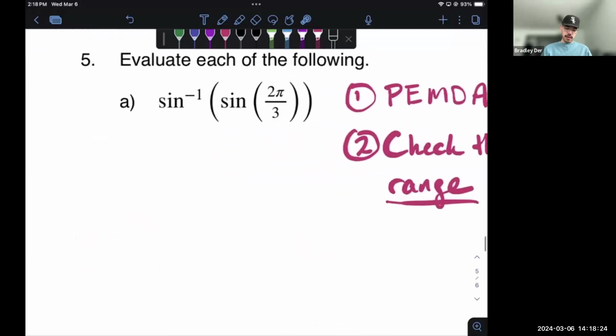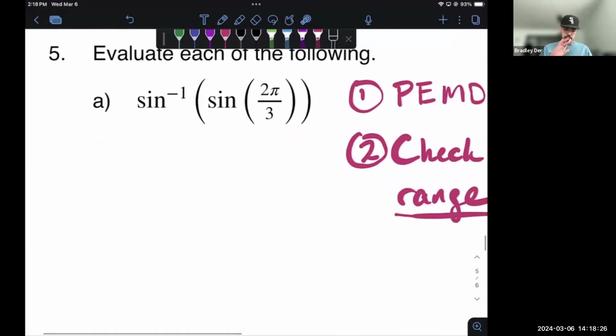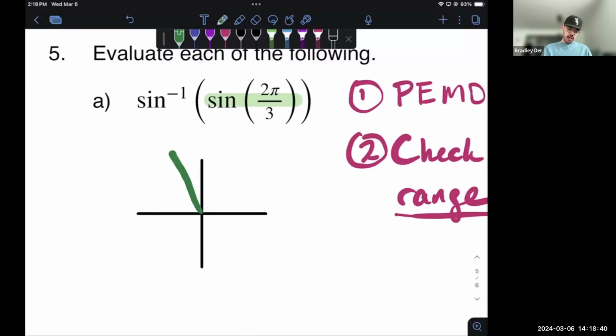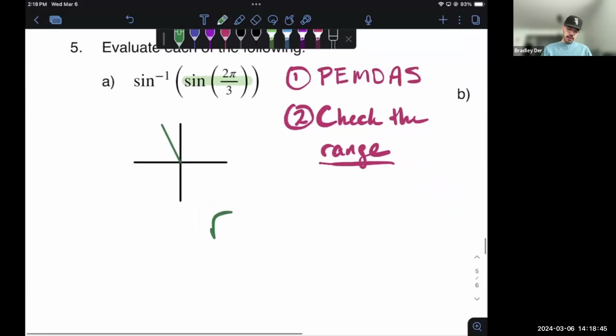All right, but let's go ahead and do some of these. We're just going to take these one at a time here. So I'm going to do sine of 2 pi over 3 first. If I locate 2 pi over 3, the sine value would be root 3 over 2.